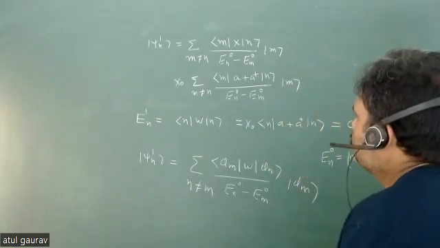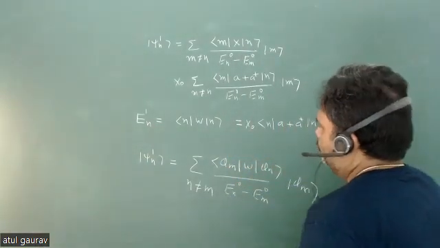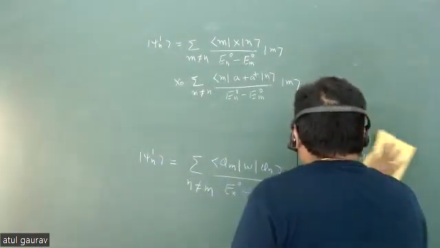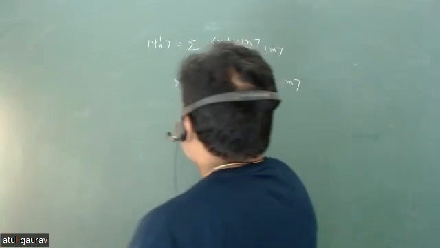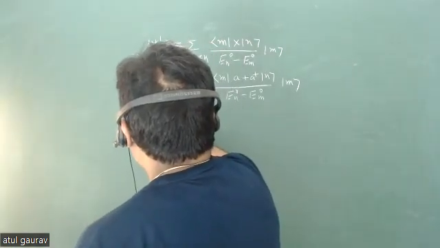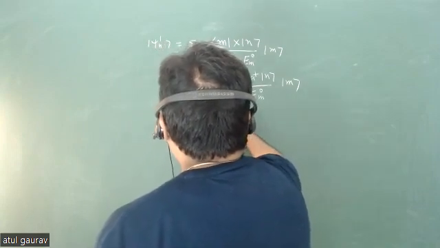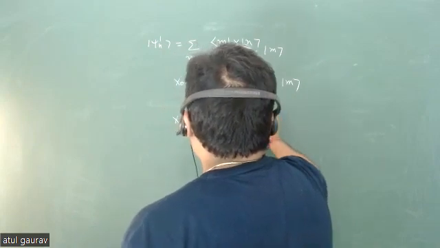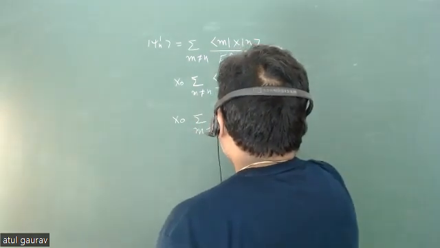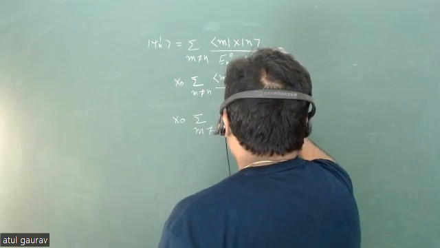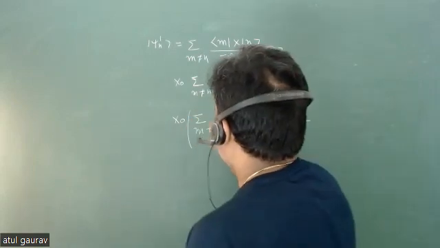Okay. So when you are going to calculate this particular series, this is very interesting. When you calculate this series, what is going to happen? We can write this as x naught, summation over m not equal to n, of ⟨m|a|n⟩ upon En0 minus Em0, times phi m, plus another term, the a dagger part, and x naught will be common to both.